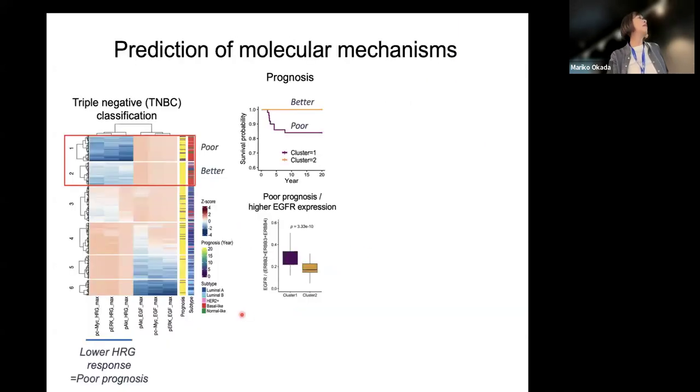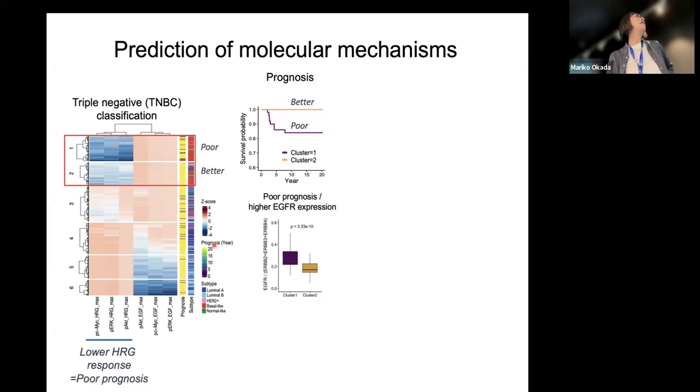So here is the result. We see that this red color, which is TNBC, has a poor prognosis group and a better prognosis group. We found that the poor prognosis group shows lower in silico heterogeneity in response.